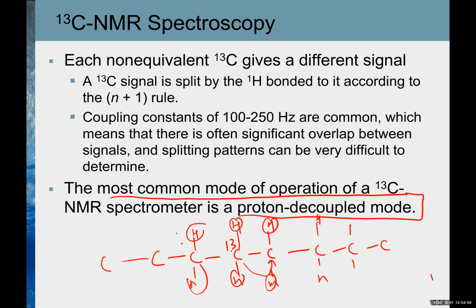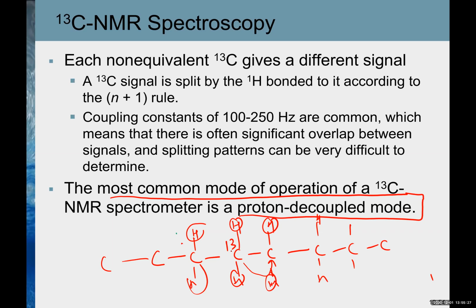When protons are bombarded with another frequency, they get excited and come back, and that happens multiple times during the C13 measurement period. During that process, the signal from the proton is zeroed out.